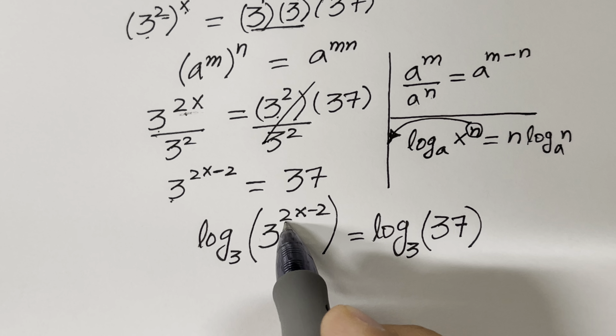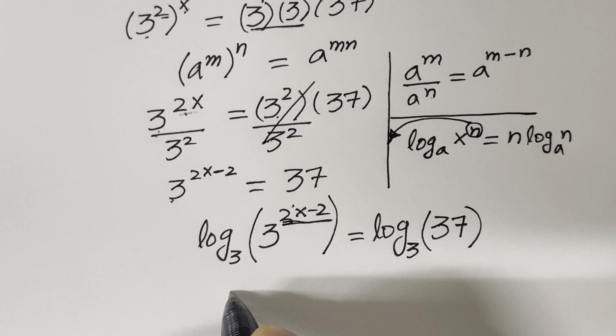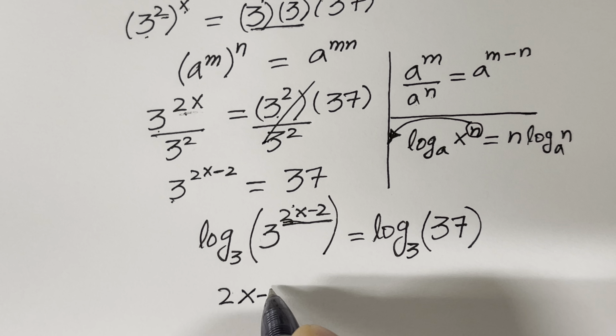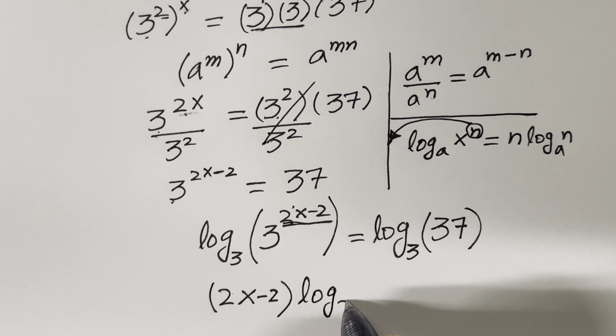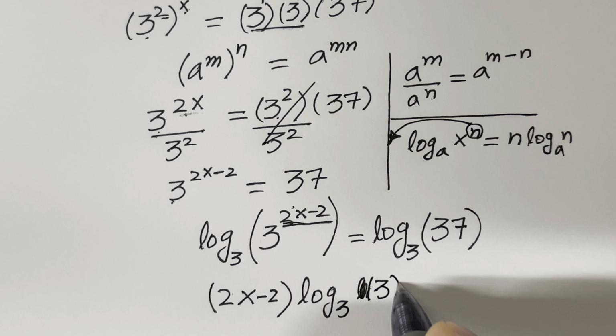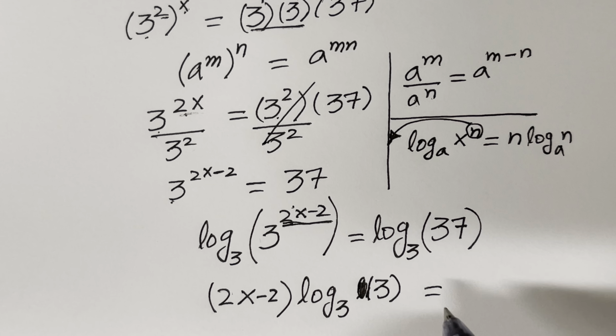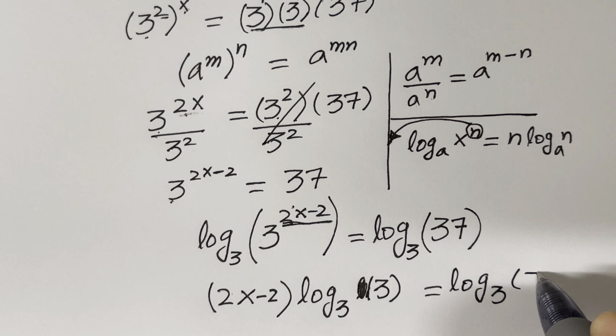In other words, the power comes up front. So let's bring the power up front, then that will be equal to 2x minus 2 times log base 3 of 3. And on the right hand side we have not done anything, so it will be as it is.